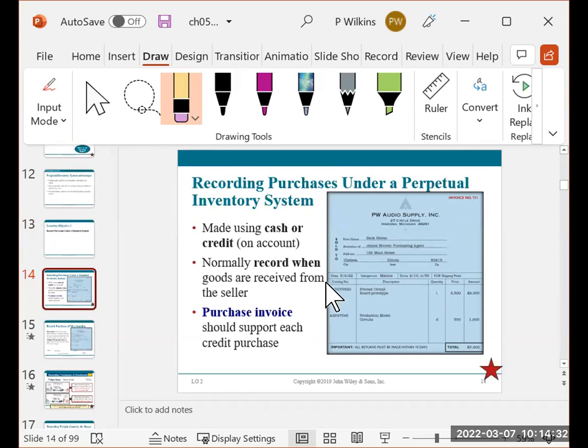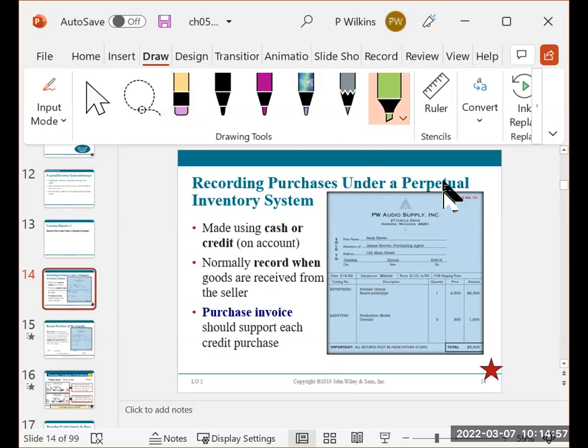All right. So when we look at these problems in this chapter, one of the most important things is going to be asking yourself, am I the buyer? Or actually, who am I? Because if you're the buyer or the seller, you're going to do things differently. Now, in the real world, the buyer and the seller will use invoices.